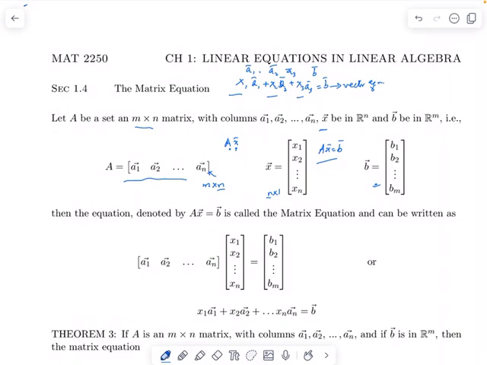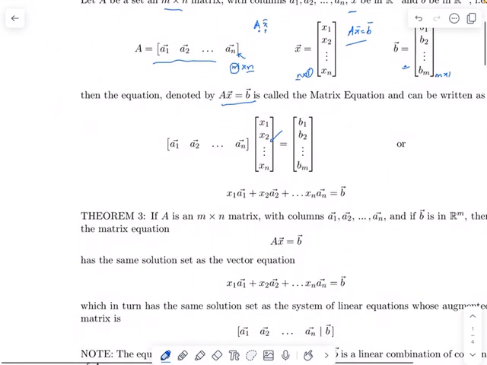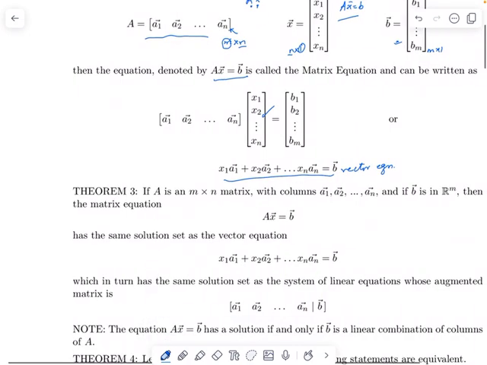What will be the size of b? Whatever is left: m from here and 1 from here, so the size of b is m by 1. So Ax = b is called the matrix equation and can be expanded like this. You see that this is the same as the vector equation. Vector equation and matrix equation are basically the same thing.